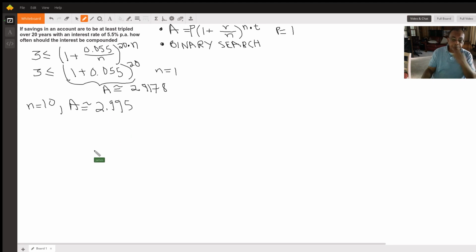Okay. Let's try n is equal to 20. You're going to get A is approximately equal to, at least in my calculator, 2.999, and it goes on. Let's try n equals 30.